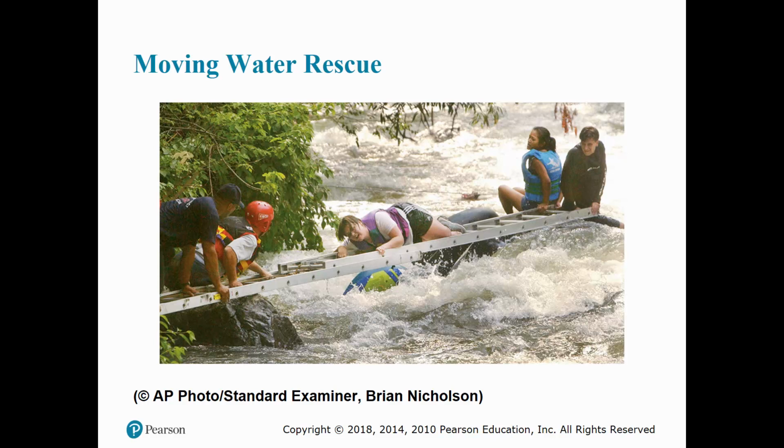Rescue in moving water, such as rivers, streams, or creeks, presents the problems of open water rescue, but further complicates it because of the force of the current. Often, a current makes swimming difficult or impossible. Patients and rescuers alike can easily be swept away, even in shallow water. If the current is strong enough, never wade or walk into moving water in an attempt to rescue without adequate training and equipment.